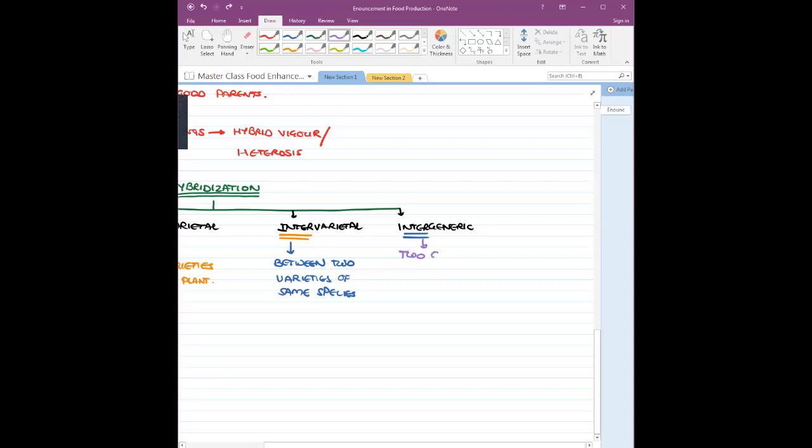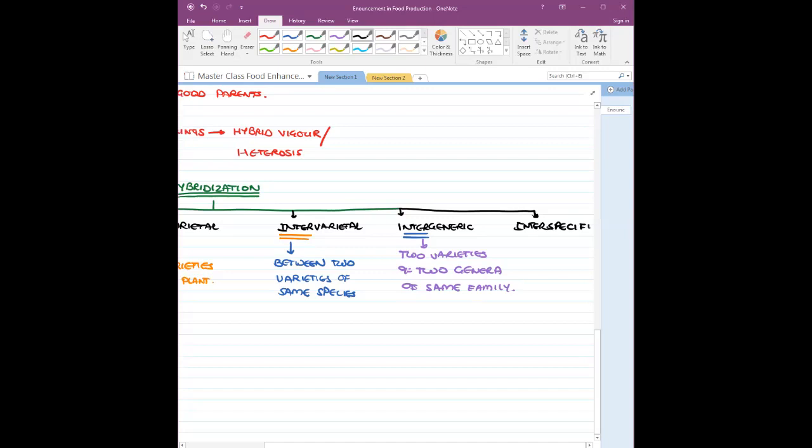Okay, so this is going to be between two varieties. But this is going to be between two genera of the same family. Then guys, there is one more over here which I forgot to put down: intergeneric, and there is interspecific as well.